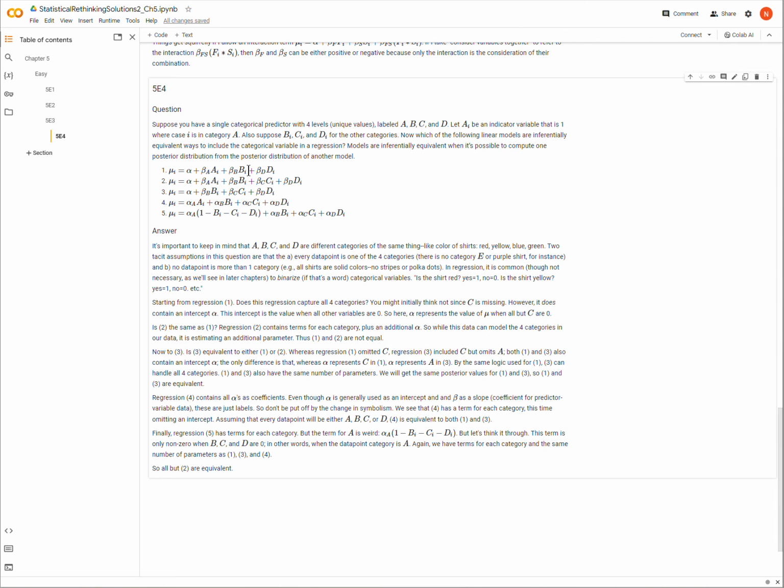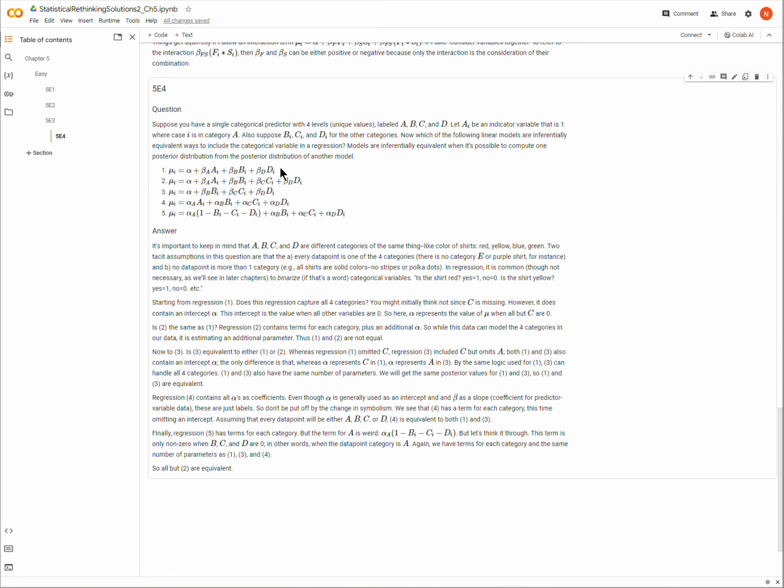We see that these are not the same, just a cursory glance says they have different terms or different lengths, etc. But it means that we could deduce the posteriors for the beta A and the beta B and the beta C and the beta D, or the effect of A and the effect of B and the effect of C and the effect of D on mu i. We could deduce those values of one, say, of this regression from the other regression, right?